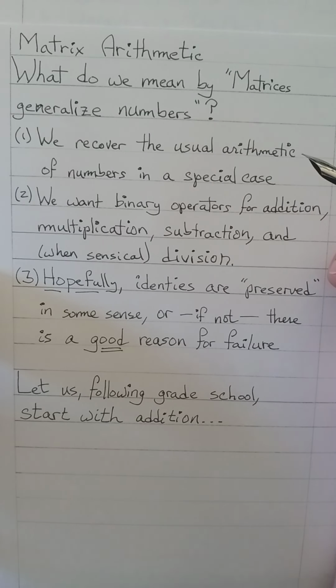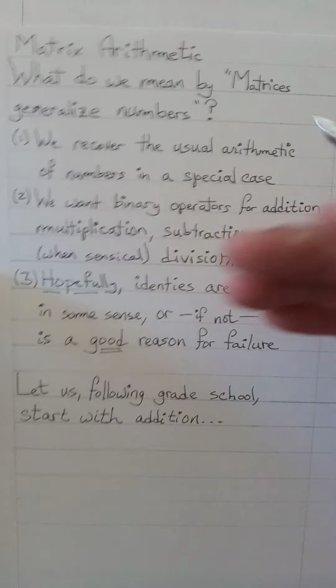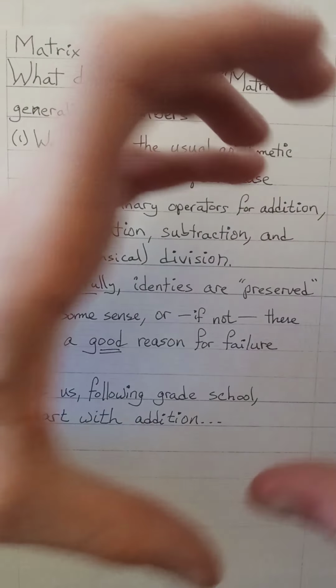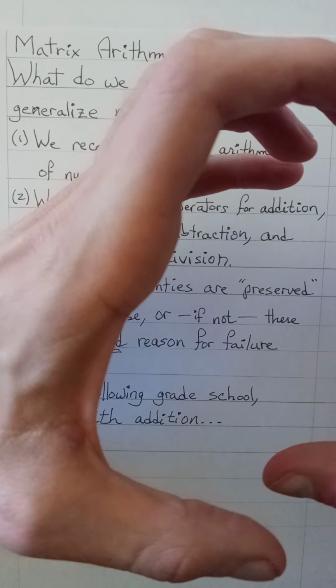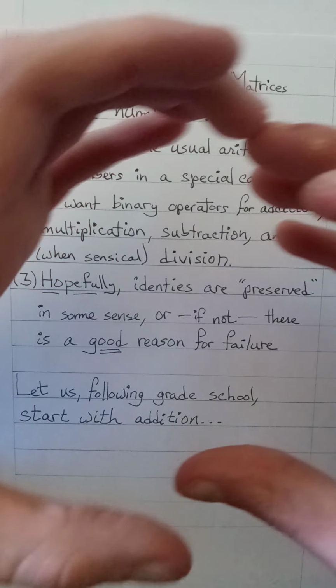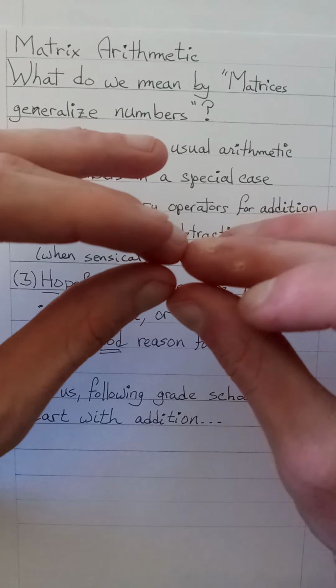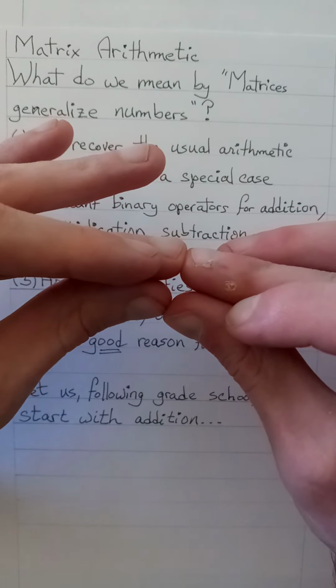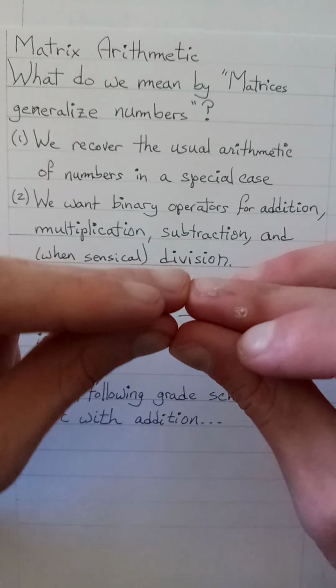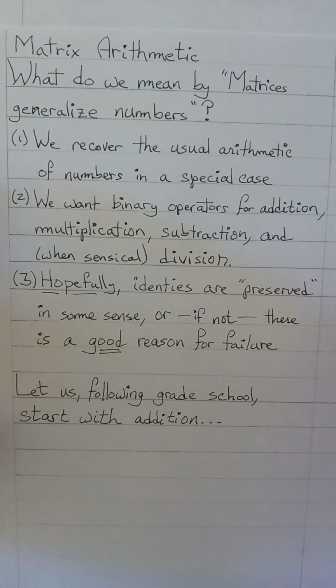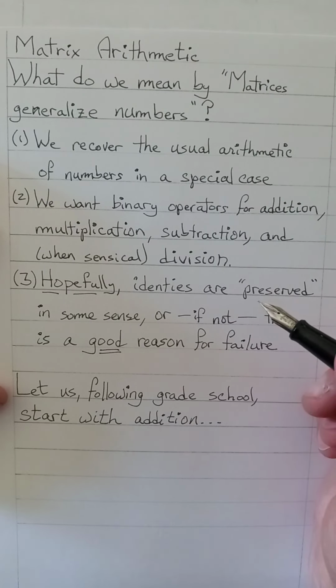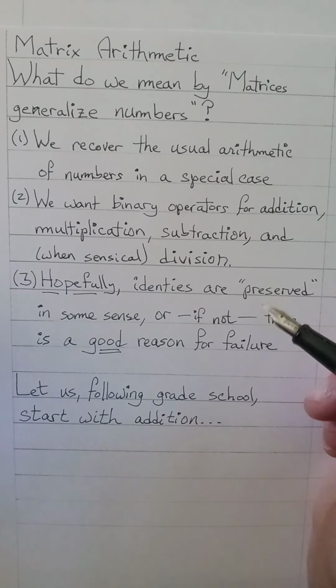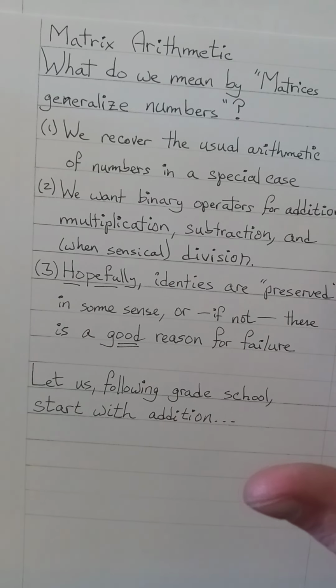We want to carry these operations over to the new setting such that when we restrict it to a particular application, we recover arithmetic as we know and love. That's the important quality to have: that we expand this notion, and when we look at a special case, we recover what we had.